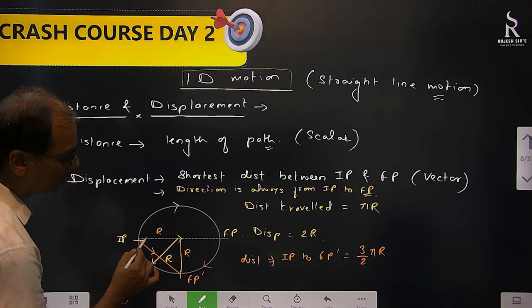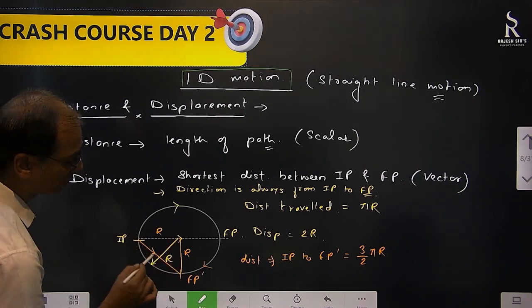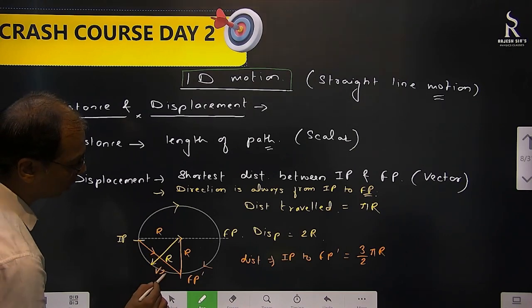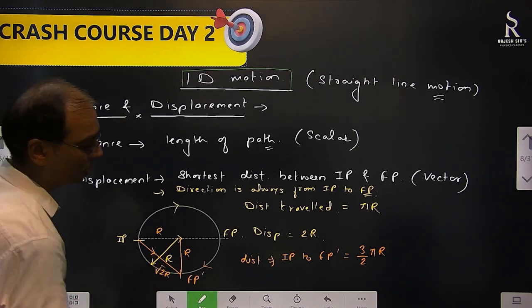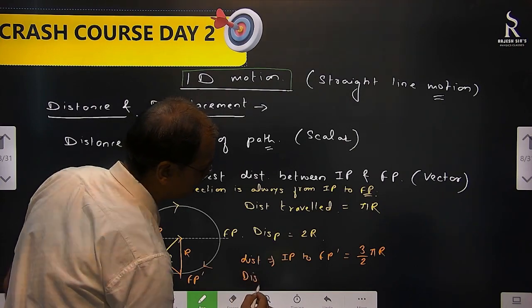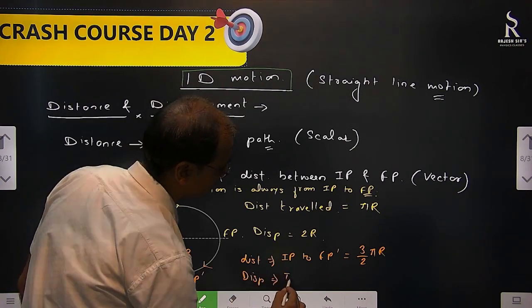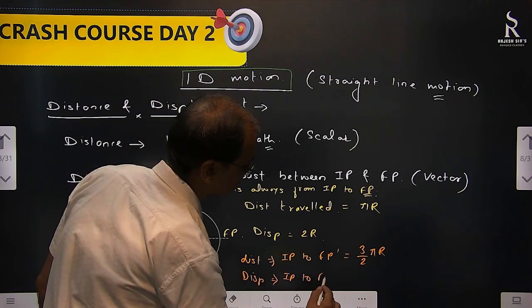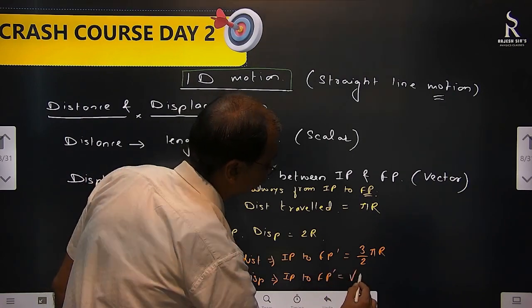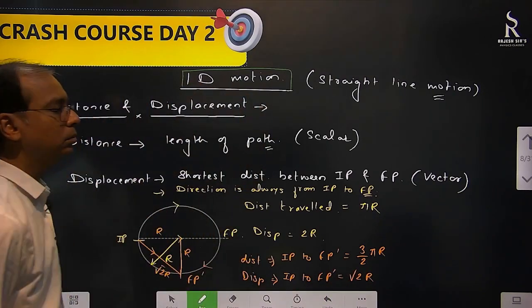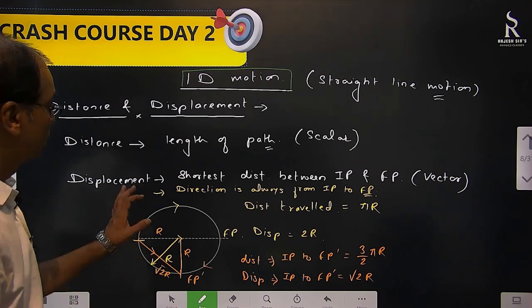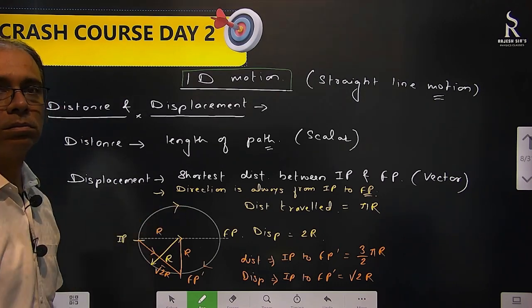Pythagoras theorem we'll use. This is a right angle triangle, so this is the hypotenuse. This is root 2 r. So in this case, displacement from IP to FP dash will be root 2 r. Right? Distance and displacement. Correct or not?